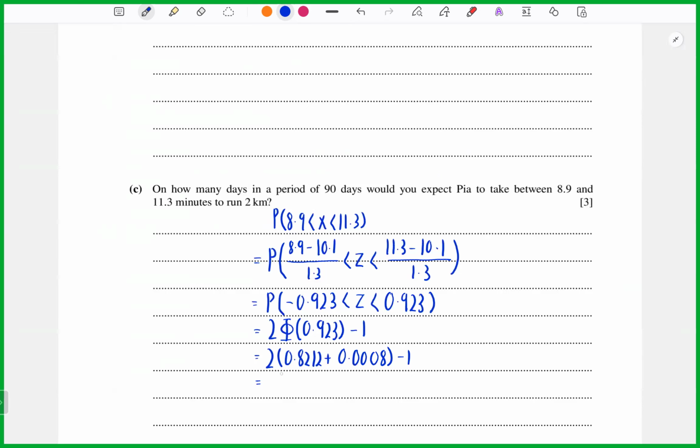So you will get 0.644. That is your probability.